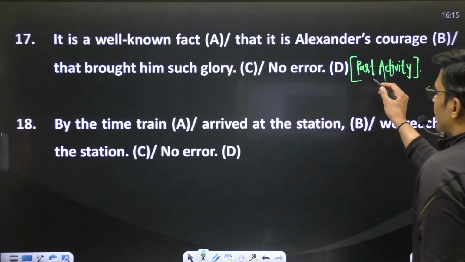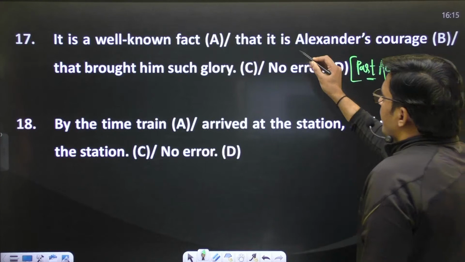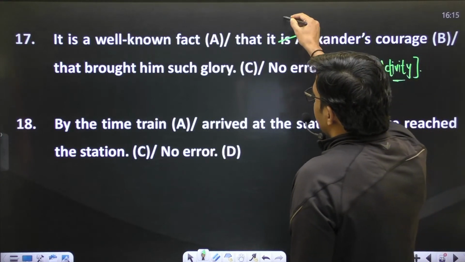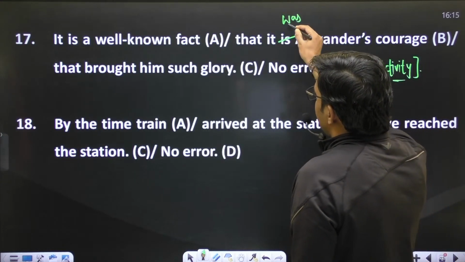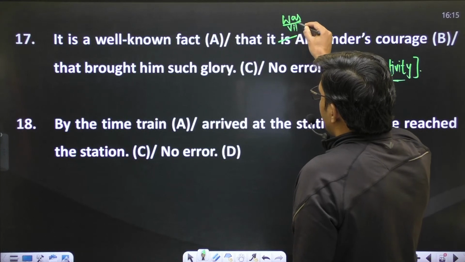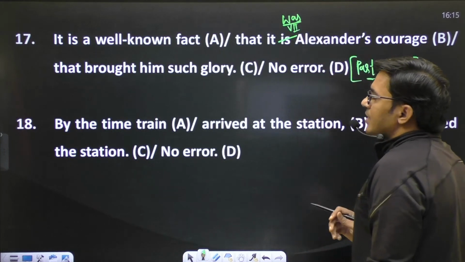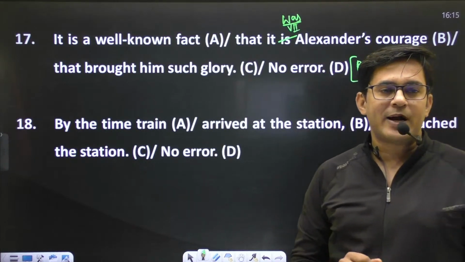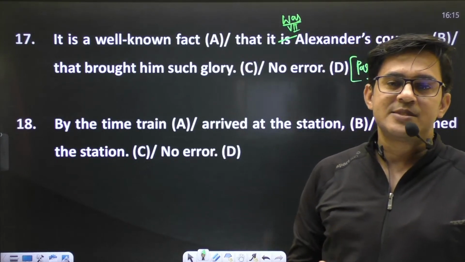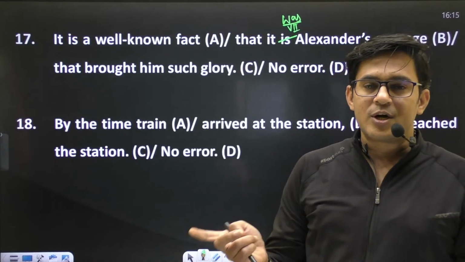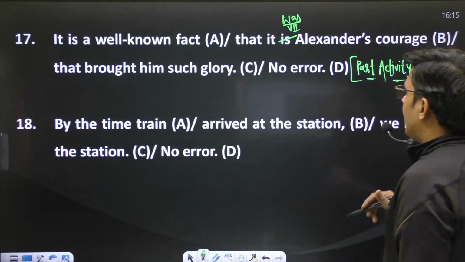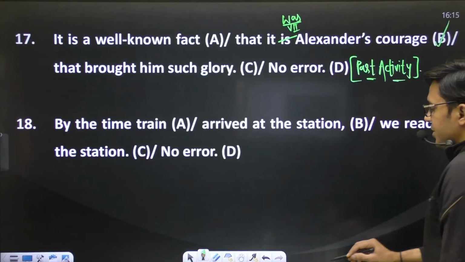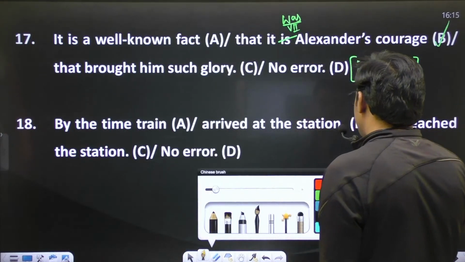So to denote past activities we require past indefinite tense. So replace is with the verb was. Now the sentence will be fine. The sentence is, it is a well-known fact that it was Alexander's courage that brought him such glory. And you will have the error in part B. Let's move to the next sentence.